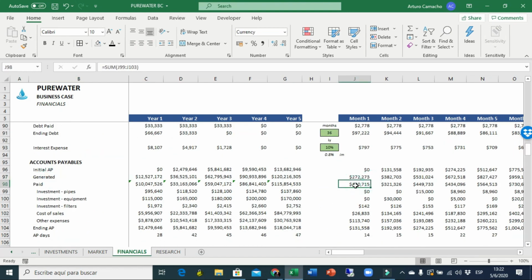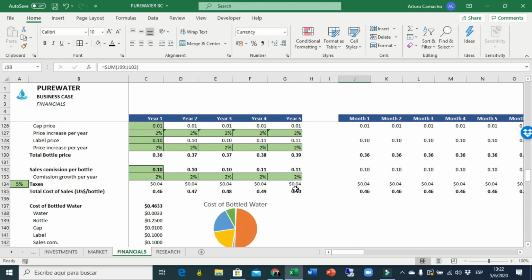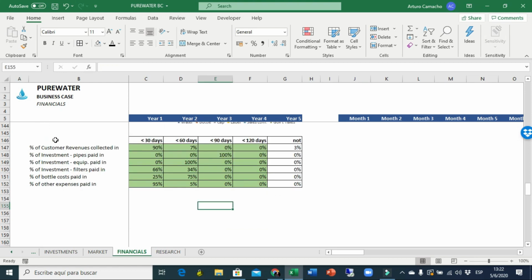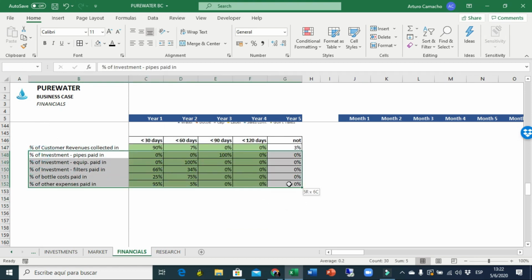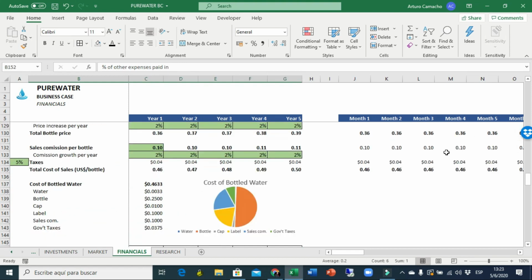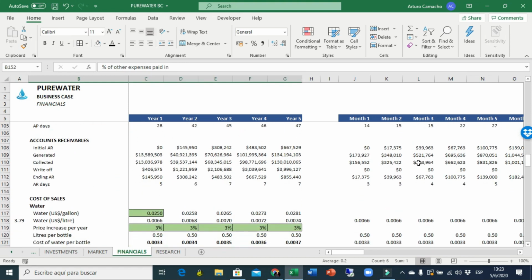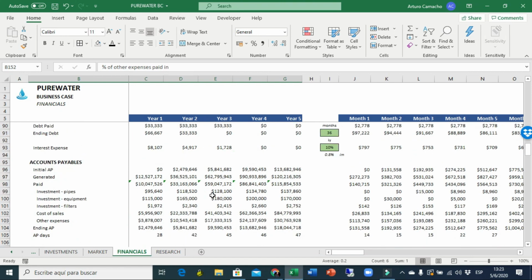Okay, so the paid section, which is the things that you actually paid in the month. Let me remind you of the small matrix that we did, which states that all our expenses are paid in this way, depending on the type of expense or investment. So the same formulas that I did in the cash flows are here in the payables.